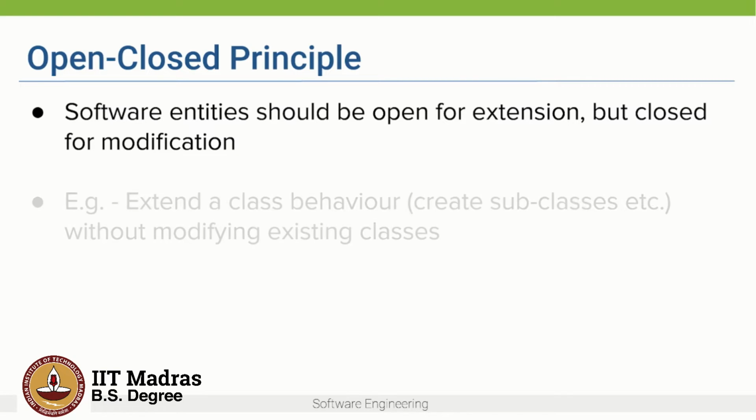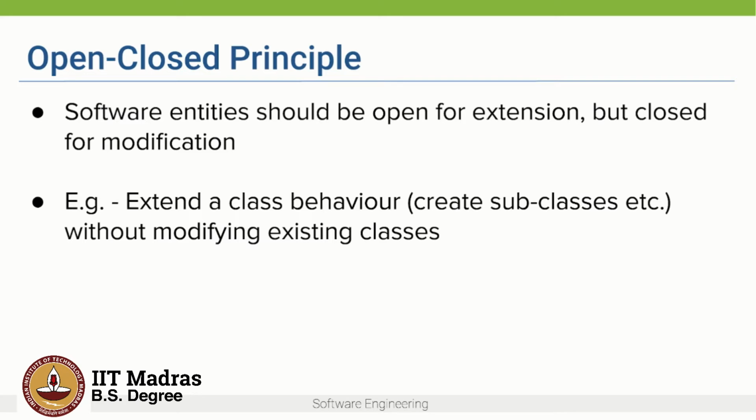What does this mean? This means that whenever we write code, we should make sure that we are only extending a class's behavior, for example, by creating subclasses, without modifying the existing classes.